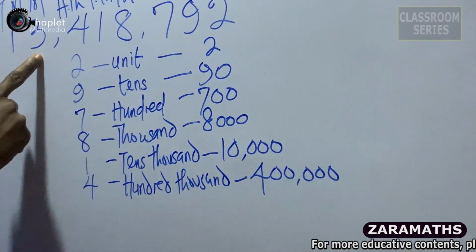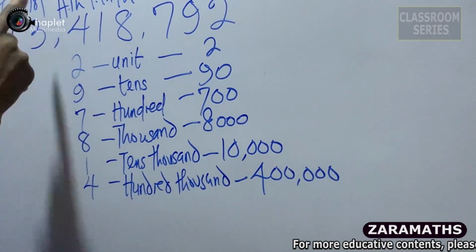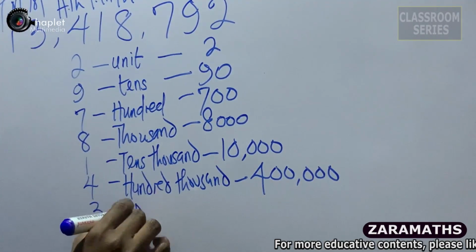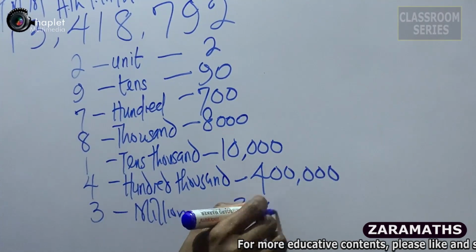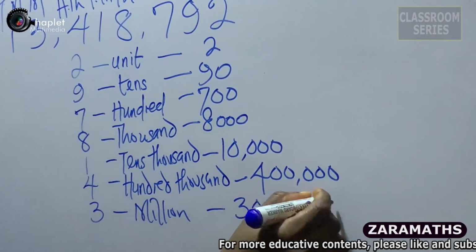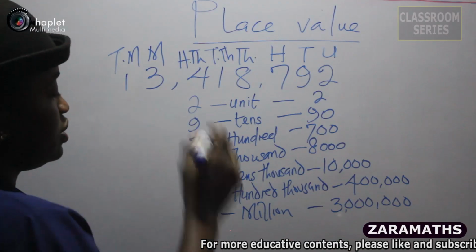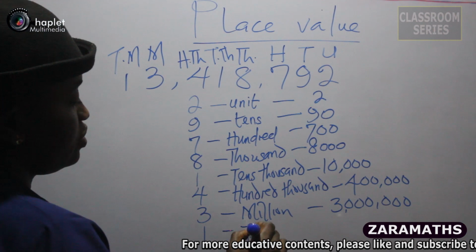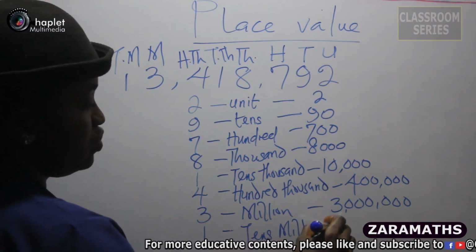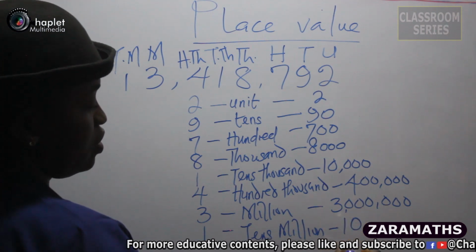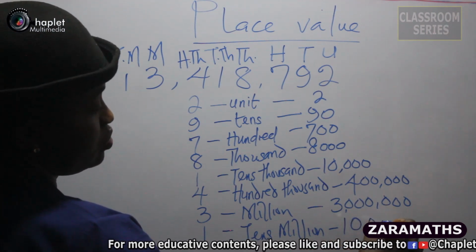The place value of 3 is millions. 3 is millions, which is written as 3 million. The place value of 1 is tens of millions.